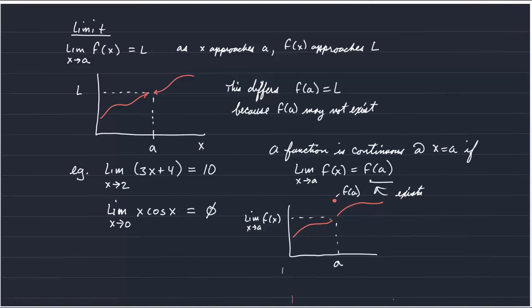Okay, so that's just an example of a discontinuous function. So these are two examples of determinate forms of limits in which the limits exist. Let's look at some examples of limits that don't exist.